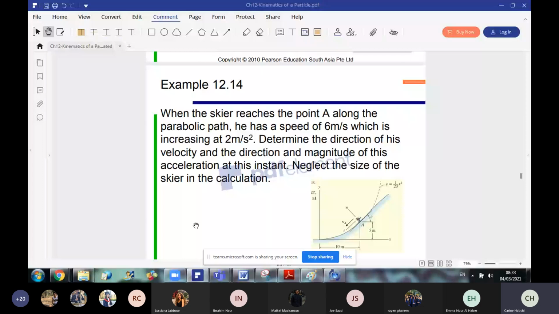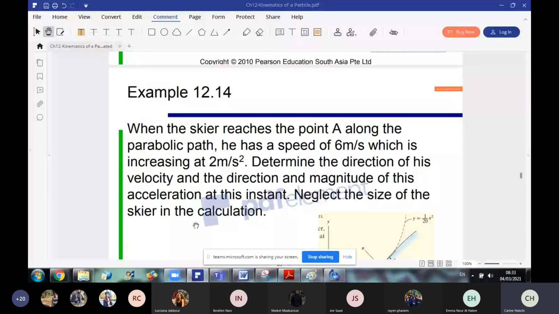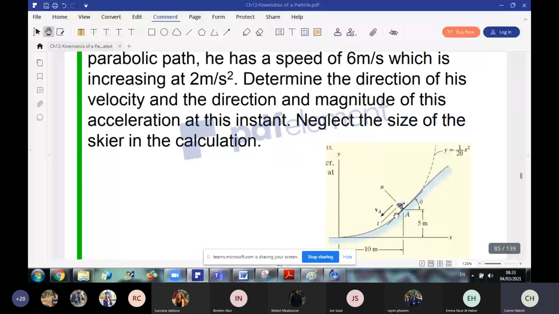So what do we know here? Let me zoom it a little bit. What we know here is that the skier is moving on a path of equation y equals x squared over 20. Okay, so this is the equation of the path.